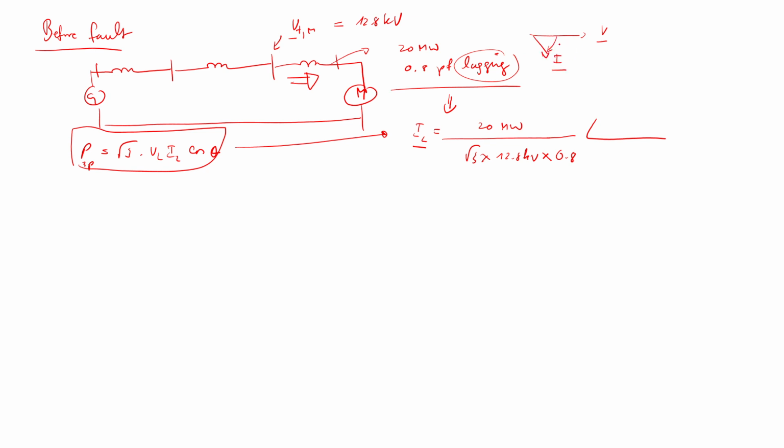So you see that the I is essentially negative, so it is negative of arc cosine 0.8. Once you calculate this number, you get the unit of kiloamps, right? This is in kiloamp. If you want to change this to per unit, right?